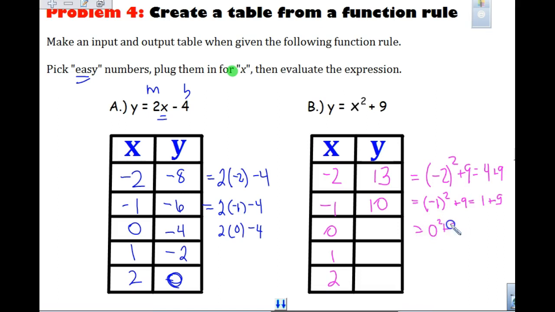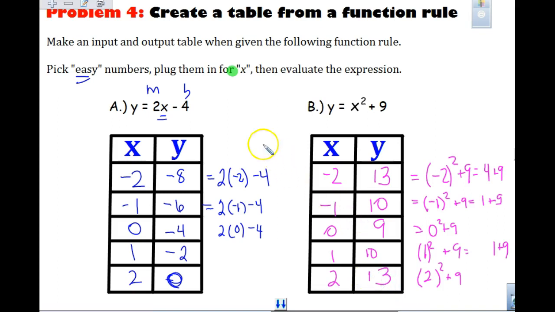Oh, we like that, right? 0 squared plus 9 is just going to be 9. 1 squared plus 9: 1 squared is 1 plus 9 is 10. When I plug in 2, what am I going to get for 2? 2 squared plus 9 should give us 13.